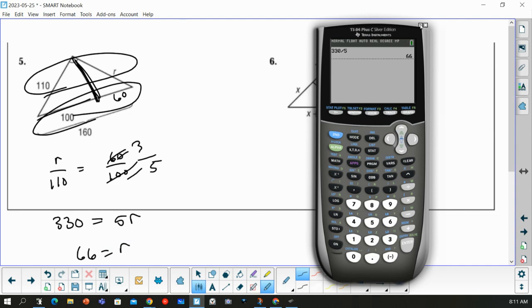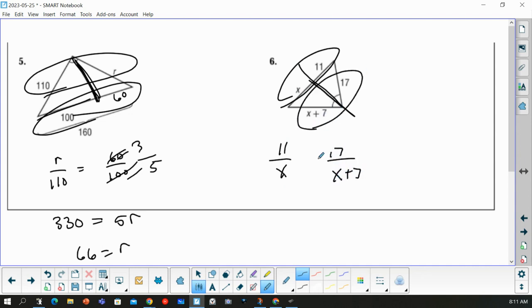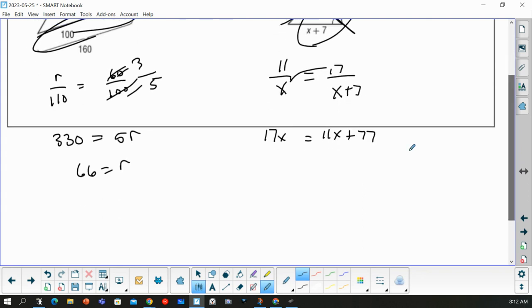Okay. And last one here. Oh, wait, I almost did that wrong. There's my angle bisector. So it'd be 11 over x, 17 over x plus 7. Nothing I can cancel out here, so I'll multiply 17 times x, 17x. 11 times this would be 11x plus 77. Hopefully you're getting good at this process.